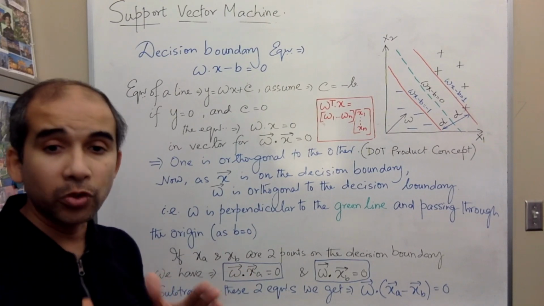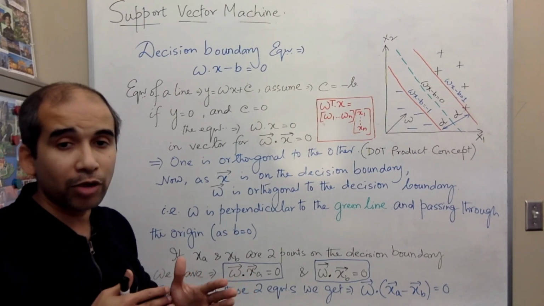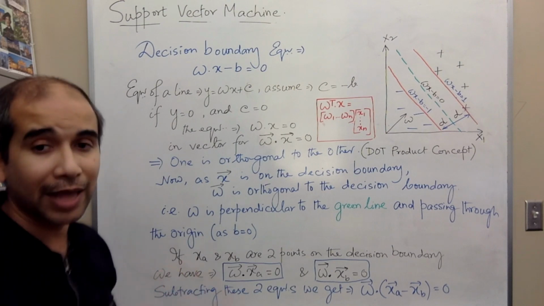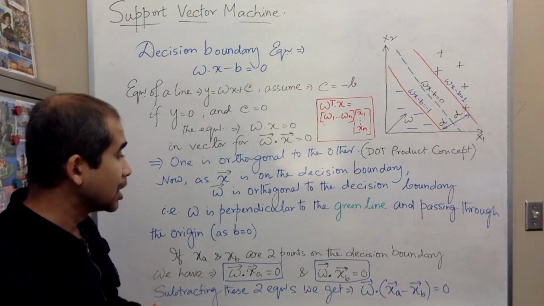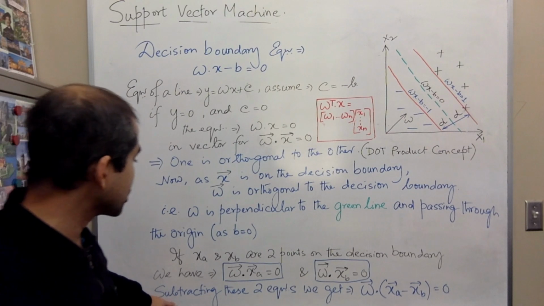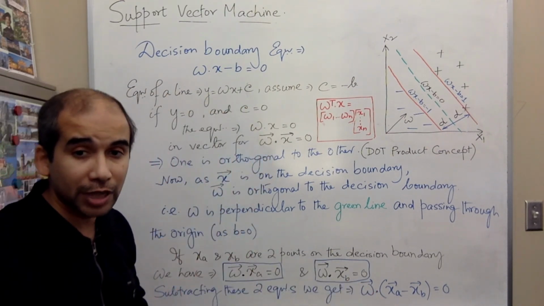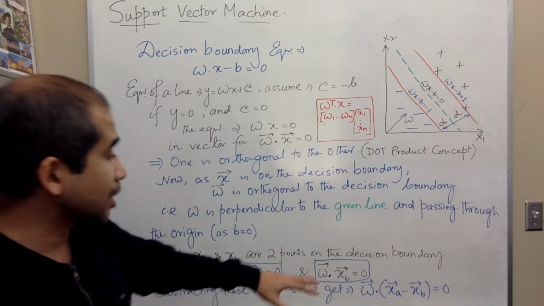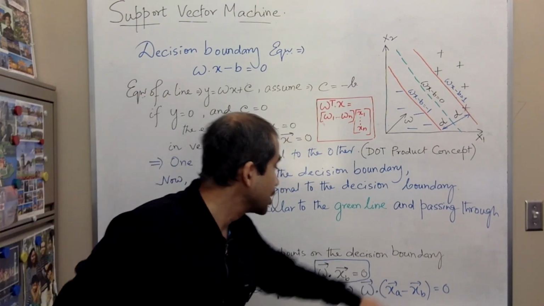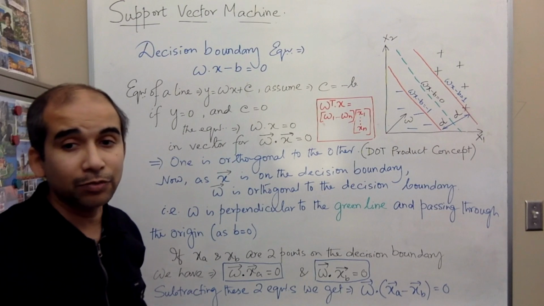Now I want to subtract them. If we subtract these two equations and see the distance between xa and xb, then I can get another vector, which is xa minus xb. It's a vector subtraction. Please understand, it's a vector subtraction. It's a dot product of w with the subtracted vector xa minus xb equal to 0.